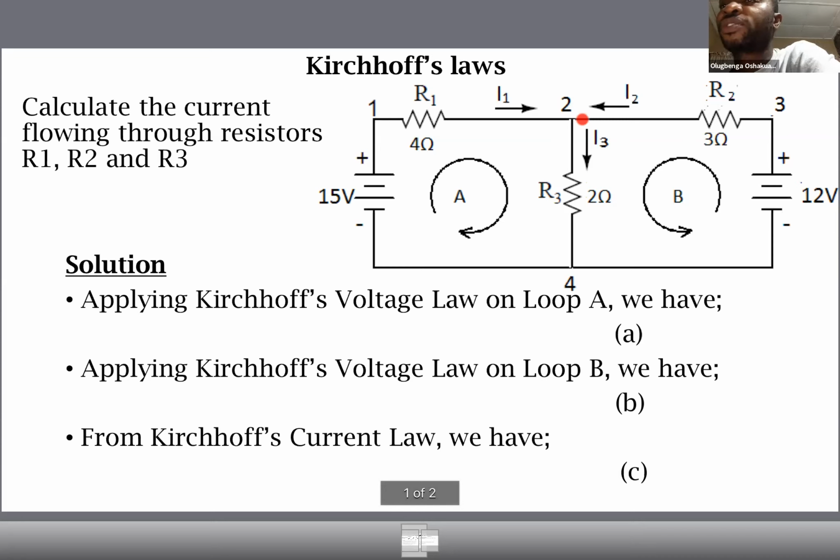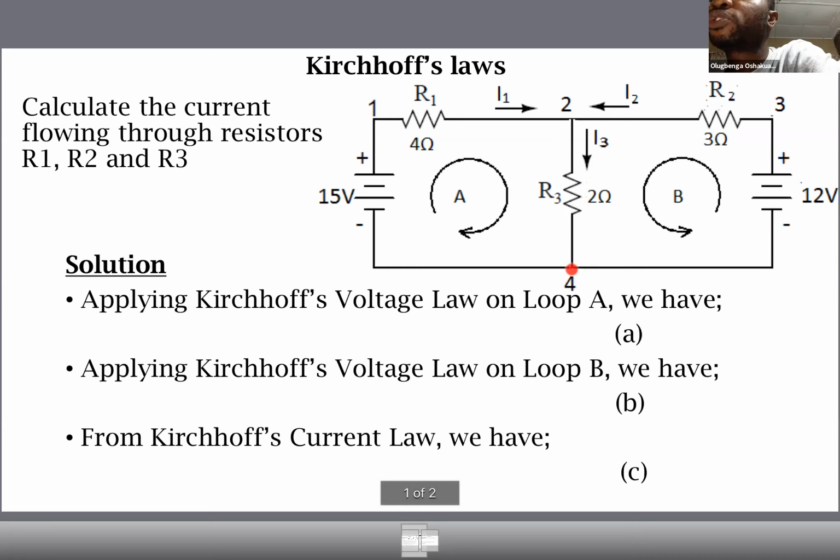And Kirchoff's current law tells us that the current that will flow into this junction will be equal to the current that will flow out of the junction. So I1 plus I2 will add up to give us I3 that will flow through resistor R3.